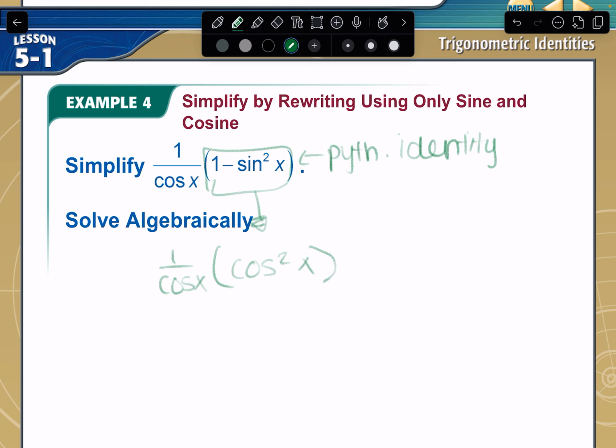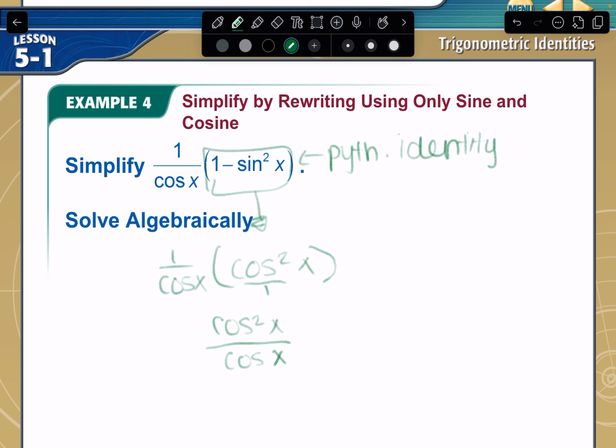From here, I am now multiplying these. Remember, if you have a number, in this case, I really have a word by itself, I am not multiplying the top and the bottom. I'm just multiplying numerators and multiplying denominators. So this would end up as cosine squared x over cosine x.